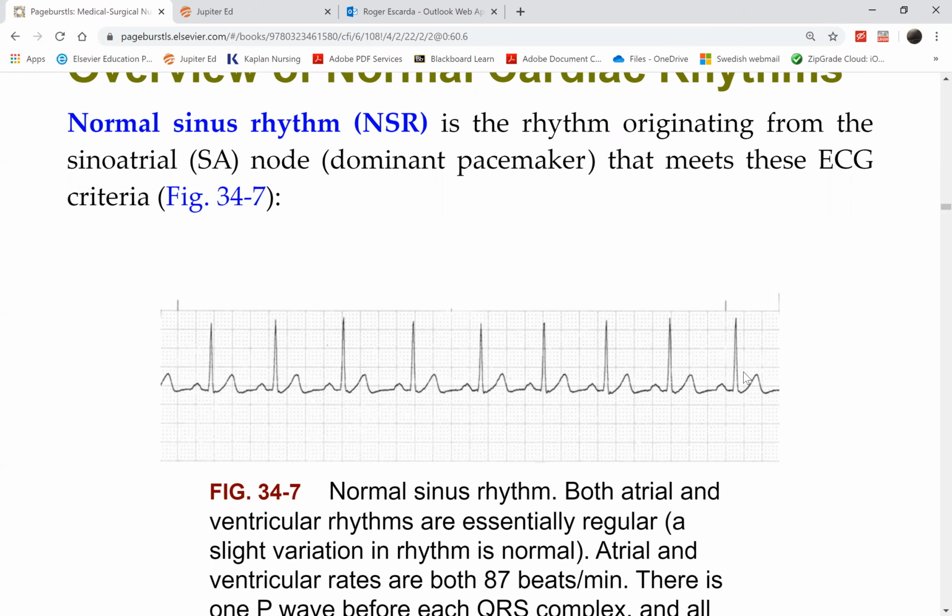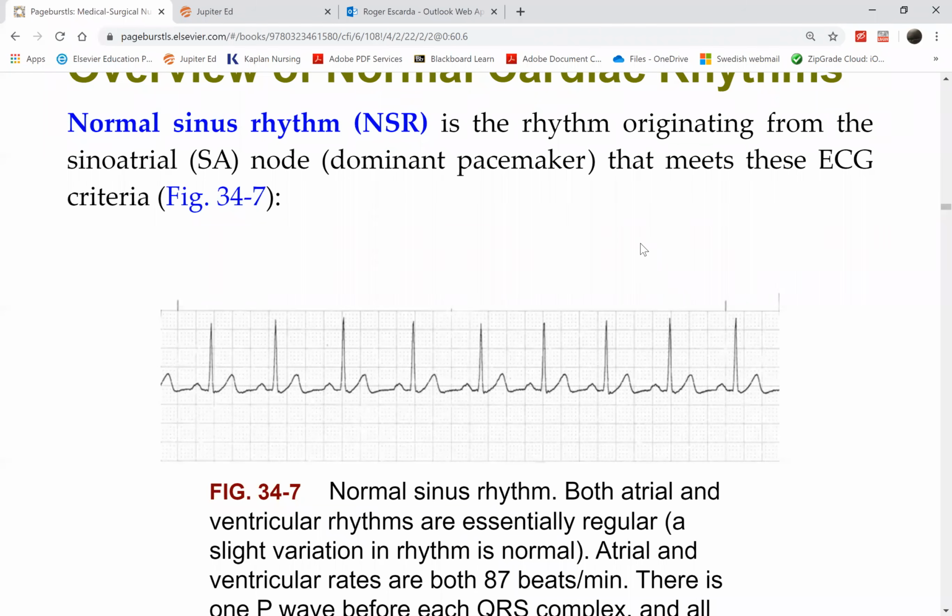For this to be counted, the 3 second marker must be around here. Since it fell outside, I cannot count this one. So I can only count up to here. So let's begin. 1, 2, 3, 4, 5, 6, 7, 8. So what is my estimated heart rate?